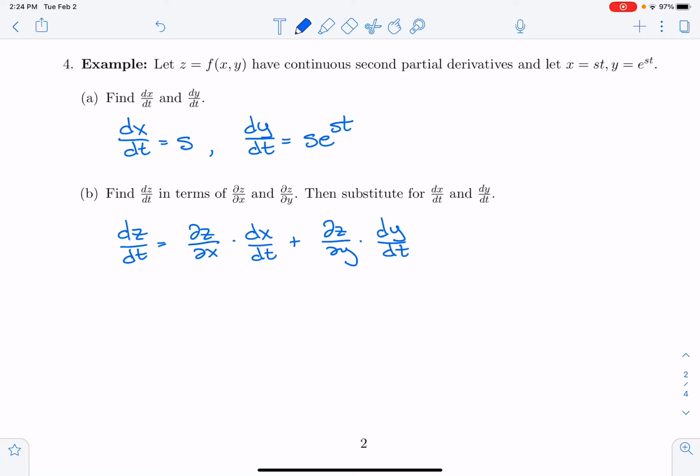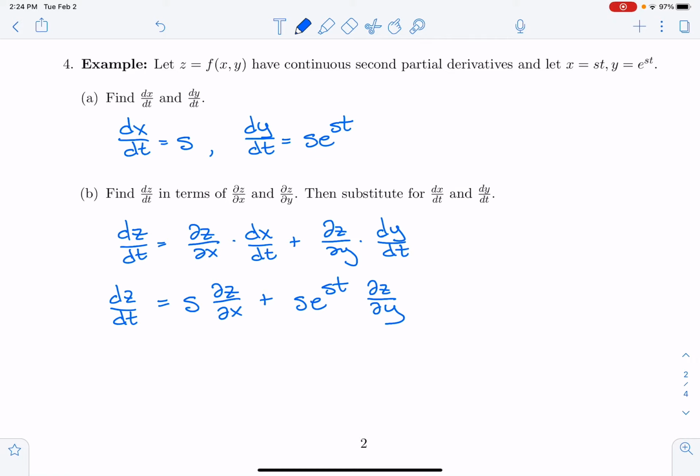Okay, so I'm going to replace dx dt with s, and that's times dz dx, which I'm going to leave unspecified. And then dy dt is going to be s e to the st. I'm going to replace that with dz dy. So that gives me an expression for dz dt.